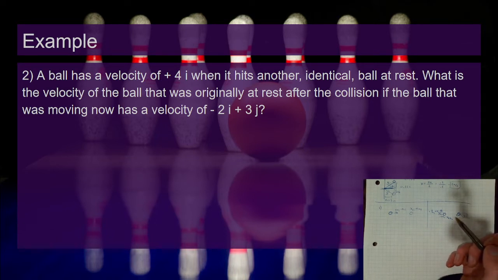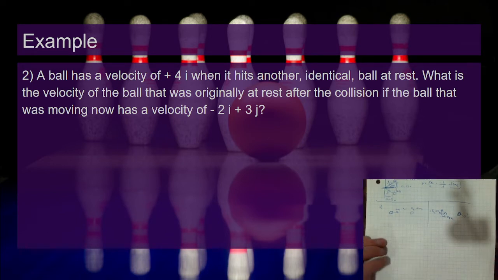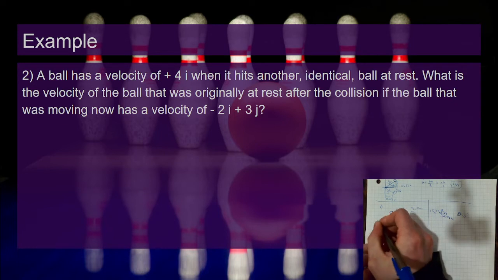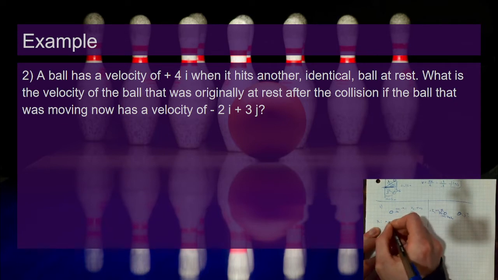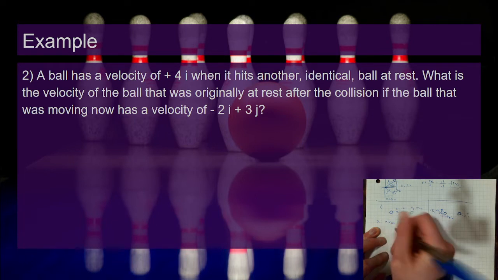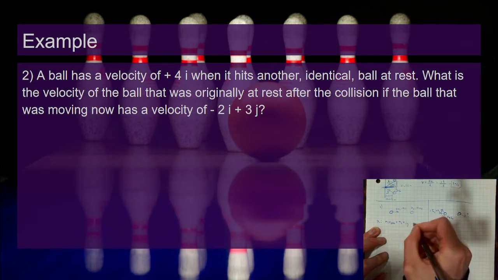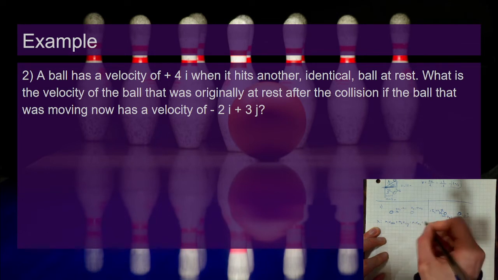And so if we want to solve this out, we can use an honestly pretty gratuitous equation for this situation and set up our x direction such that m1v1x initial in the x direction plus m2v2x initial is equal to m1v1 final in the x direction plus m2v2 final in the x direction.